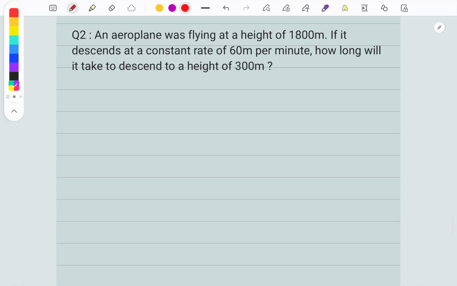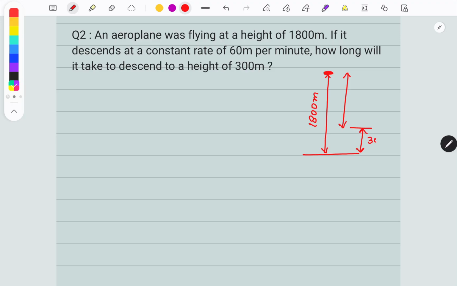This question says that an aeroplane was flying at a height of 1800 meter. If it descends at a constant rate of 60 meter per minute, how long will it take to descend to a height of 300 meter? For such questions, it's always advisable to make a figure, a diagram kind of thing, to understand it in a better way. So the plane is flying at 1800 meter and it wishes to come down to the level of 300 meter from the ground.